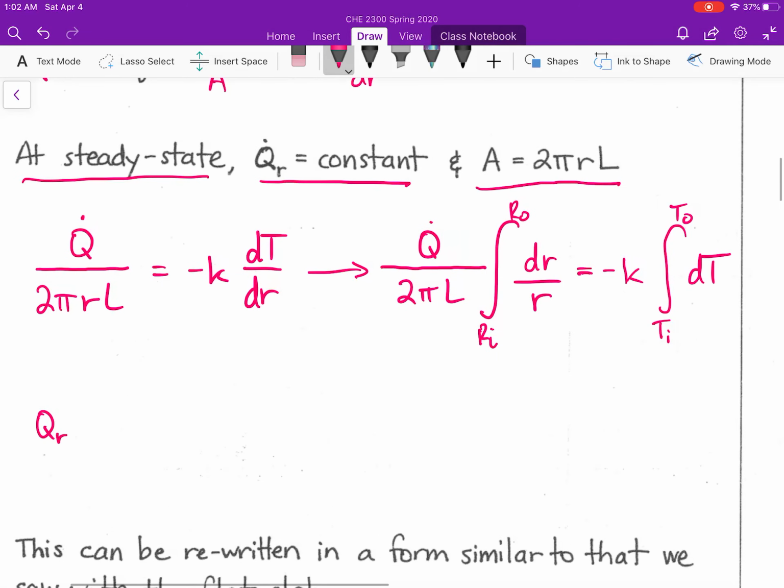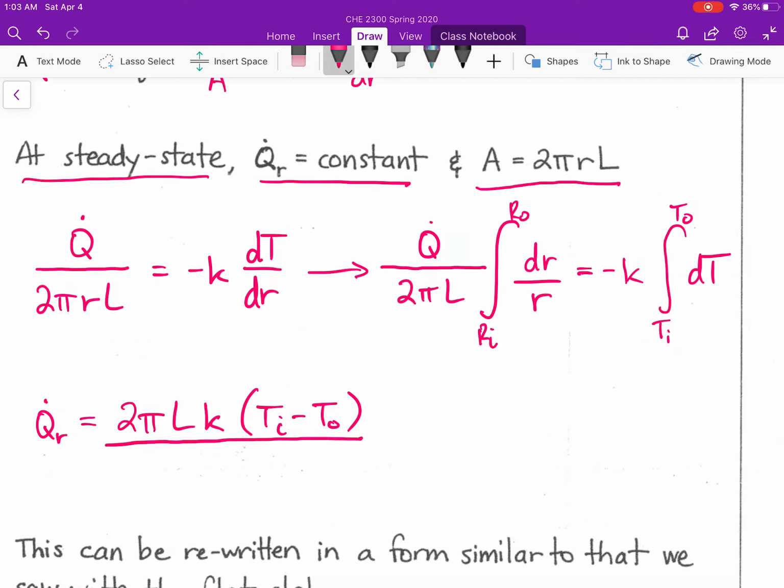When I perform that operation, I get the heat flow in the R direction is equal to 2 pi L times K times the temperature difference between the inner and outer surface of the pipe, all of that divided by the natural log of the ratio of the outer and inner radius of the pipe.